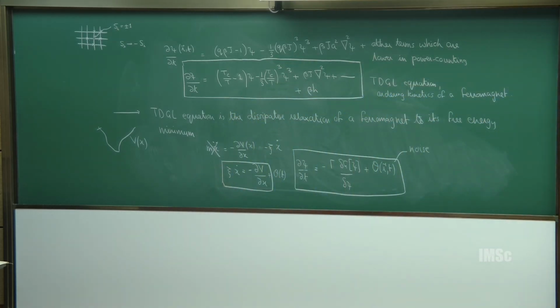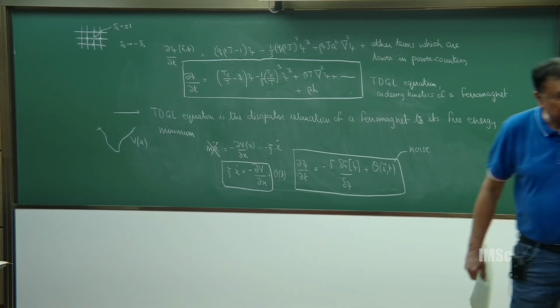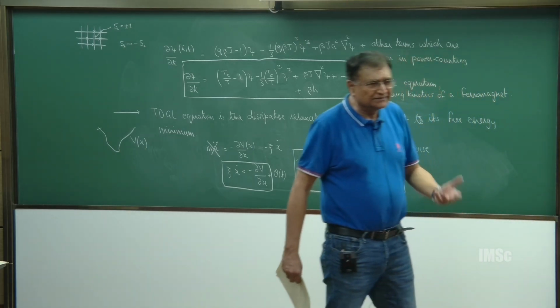Especially in liquid crystals, that's where you probably get the most fancy Ginzburg-Landau free energies. The order parameter is a tensor in that case. It's essentially a matrix.